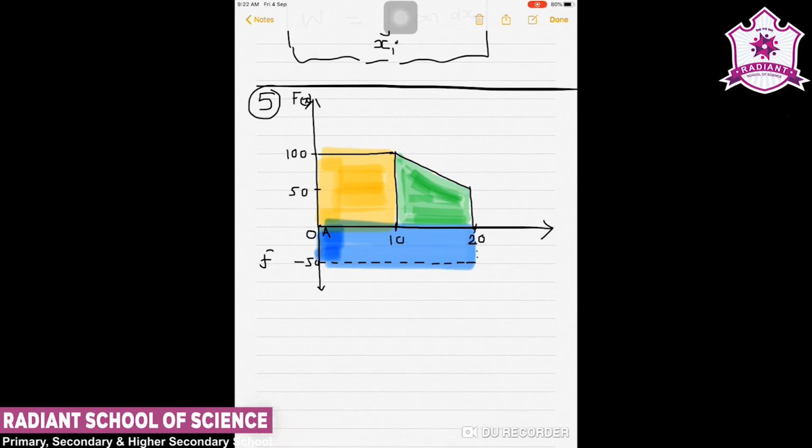Here we give names A, B, C and D for the first 10 meter. Suppose here we put the name E, and since F is already given to the force, E, F, then this is G, then suppose this is H, and this is I. These are the assumptions.